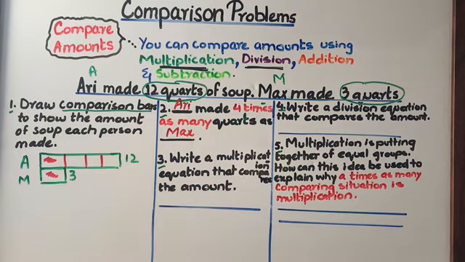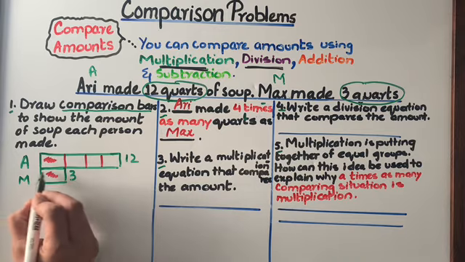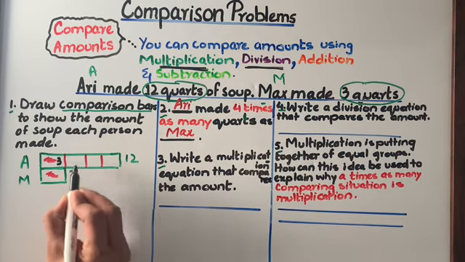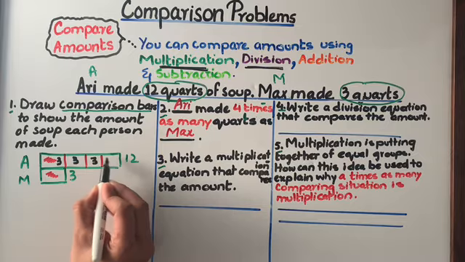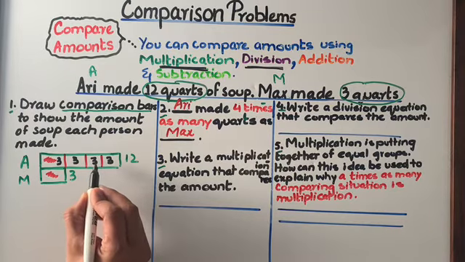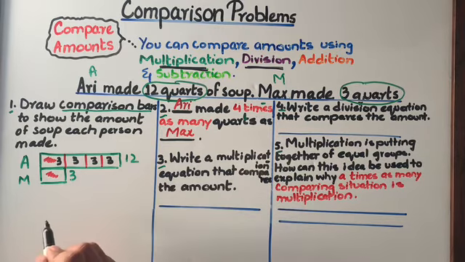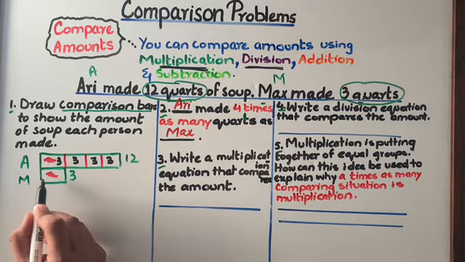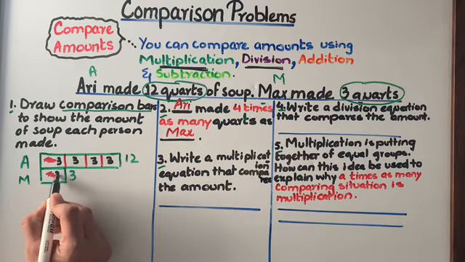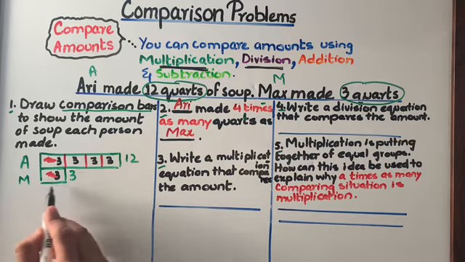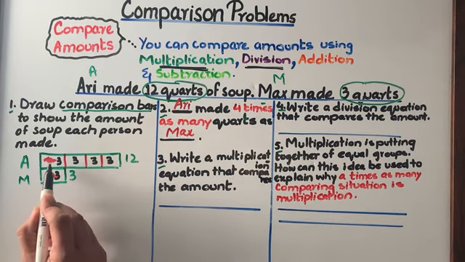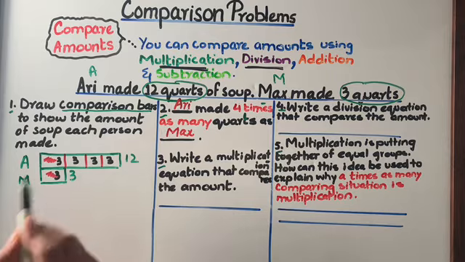So this part of Eddie's soup is equal to 3, 3, 3, and 3. 3 plus 3 plus 3 plus 3 is 12. So 4 threes, 4 times 3 is 12, or 3 times 4 is 12. And Max made 3 quarts. So this quantity of Max is also equal to the 1 section of Eddie's soup.